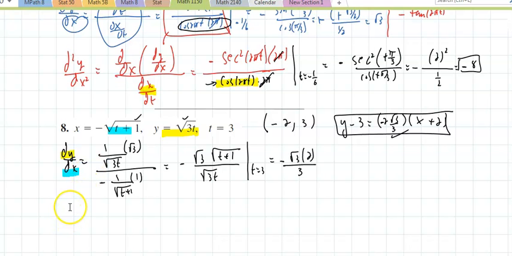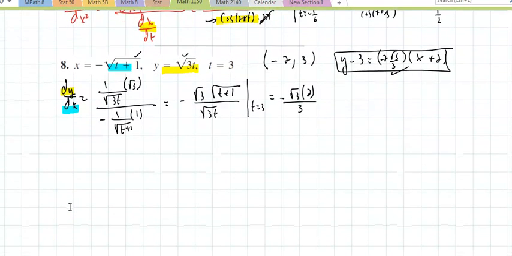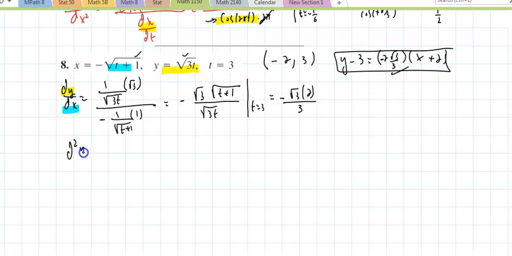If I want to find the second derivative of y with respect to x, that would be d dt of the derivative of the y I just found up there, divided by dx dt. d dt, correct.